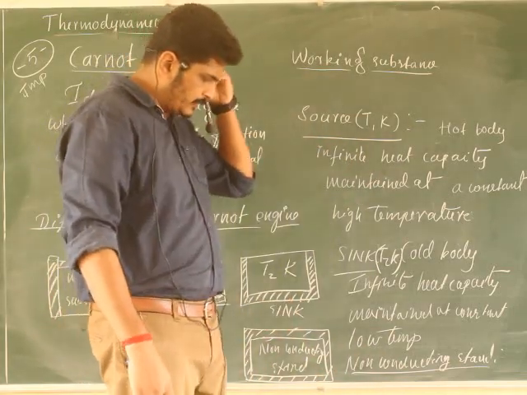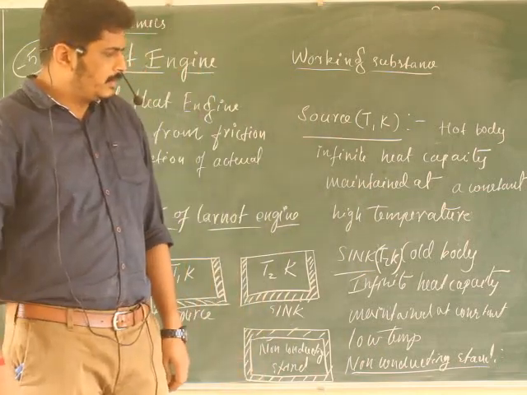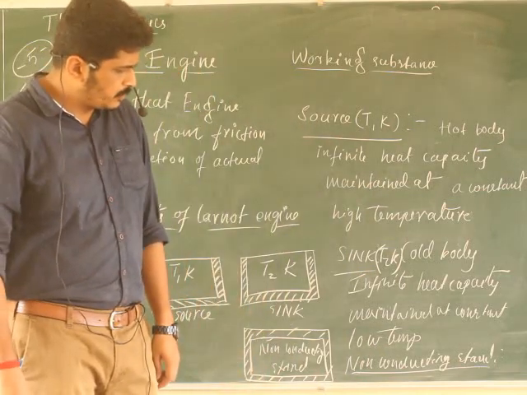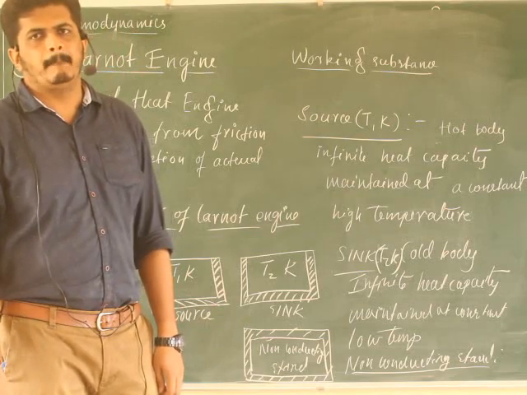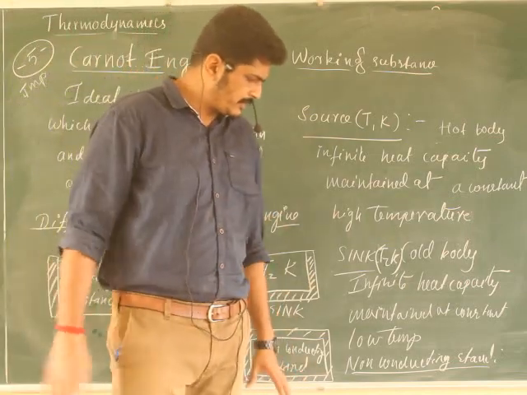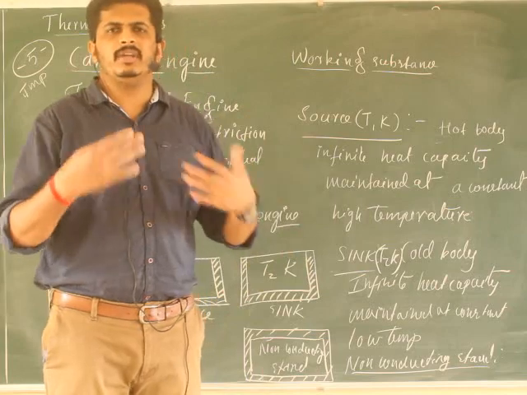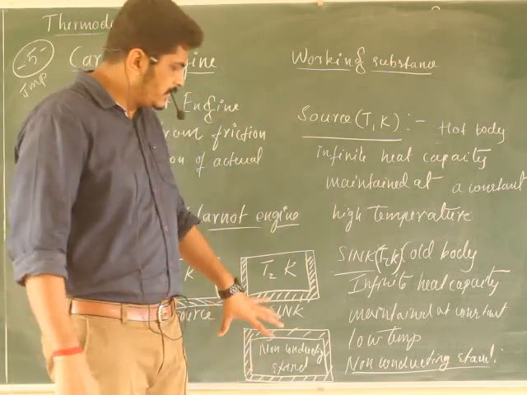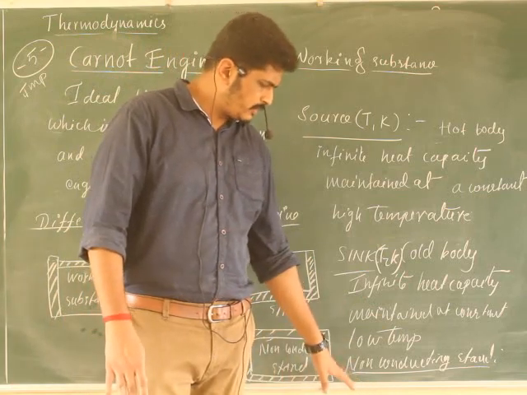It is a perfectly non-conducting stand which doesn't allow any absorption of heat by the system. It doesn't absorb anything from the system. If the system is kept on this, there is no exchange of heat. Something like thermal insulation.